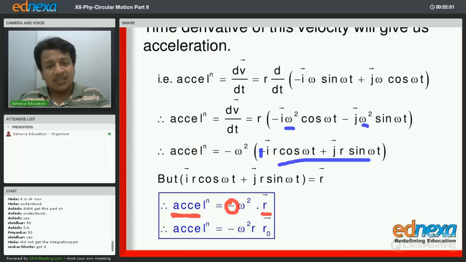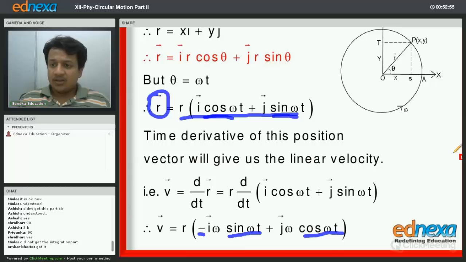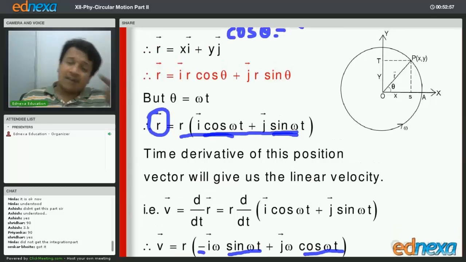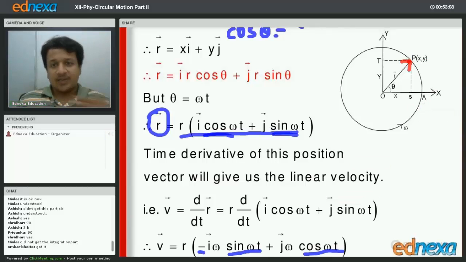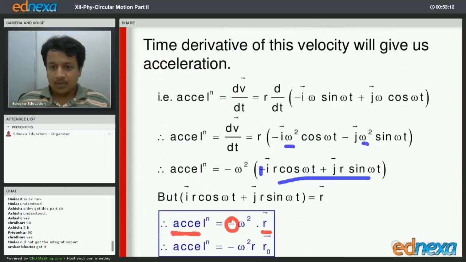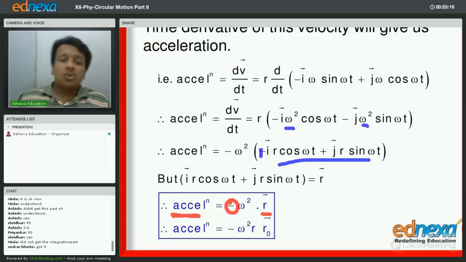Is the radius vector moving away from the center? Yes, it's moving away from the center. So obviously this acceleration will move towards the center.